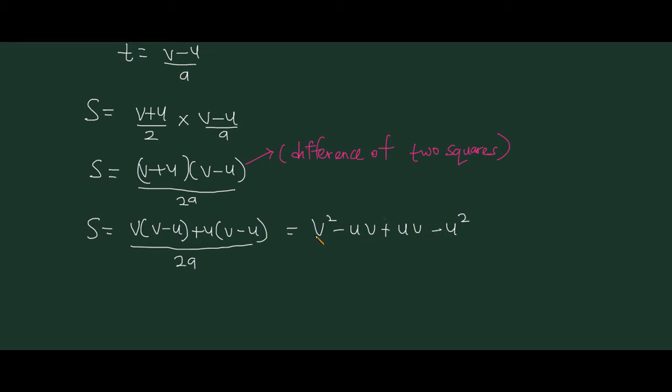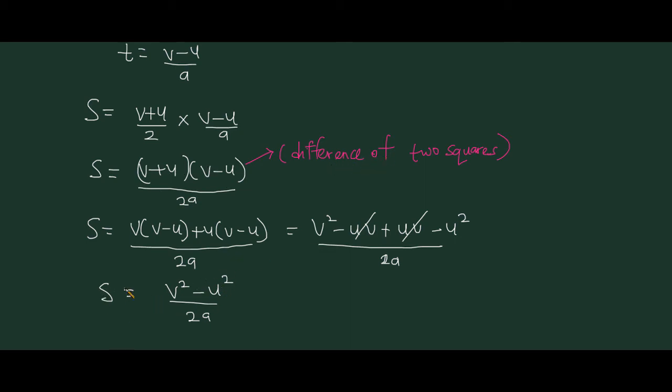And this will cancel out, because minus uv plus uv cancel out, and all I'm left with is v squared minus u squared, all over 2a. So s is now equal to v squared minus u squared all over 2a. We can see that this is the same thing as the difference of two squares.